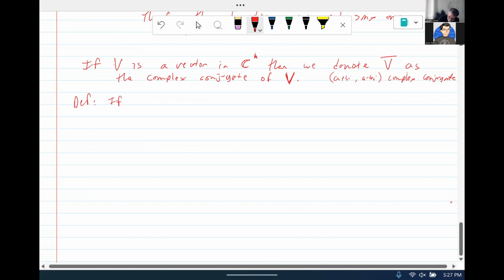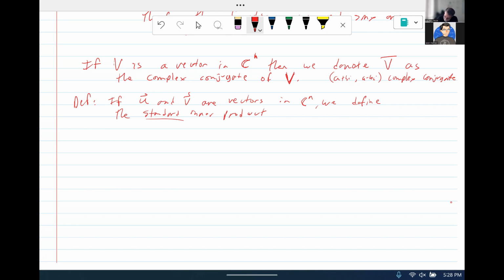If u and v are vectors in Cn, we define the standard inner product of u and v as the inner product UV equal to U1 V1 conjugate plus U2 V2 conjugate plus dot dot dot plus UN VN conjugate.